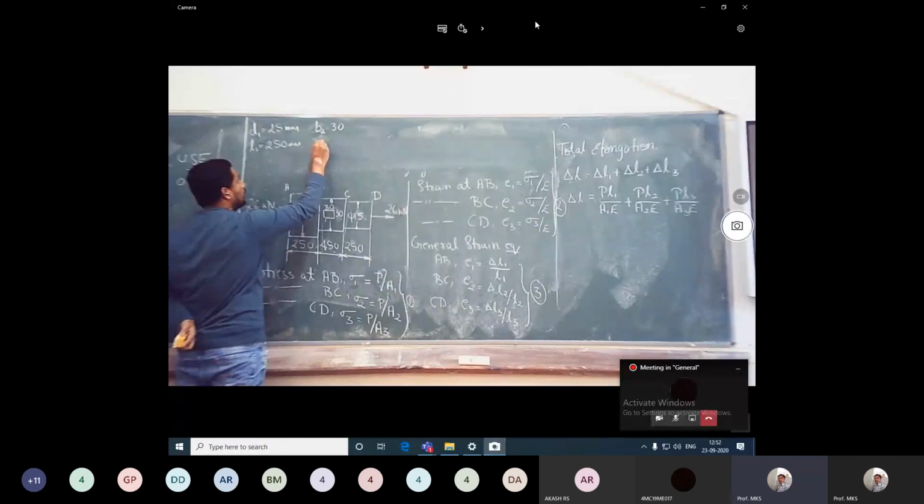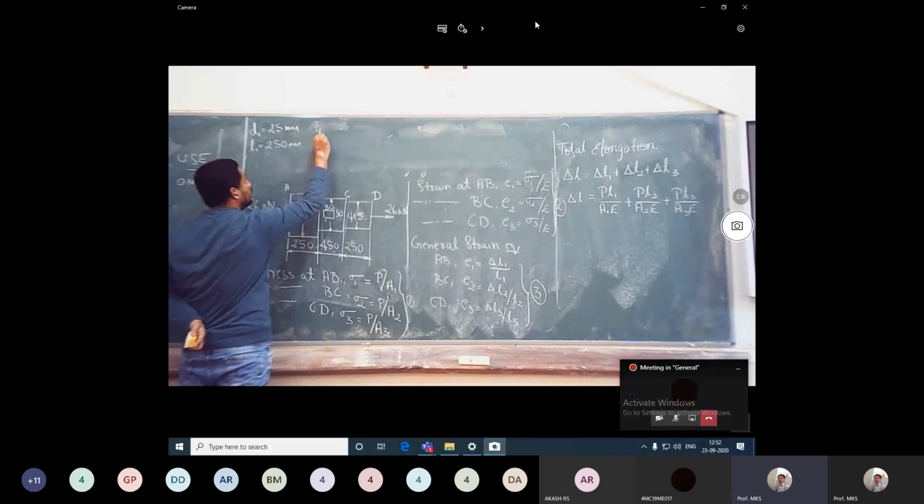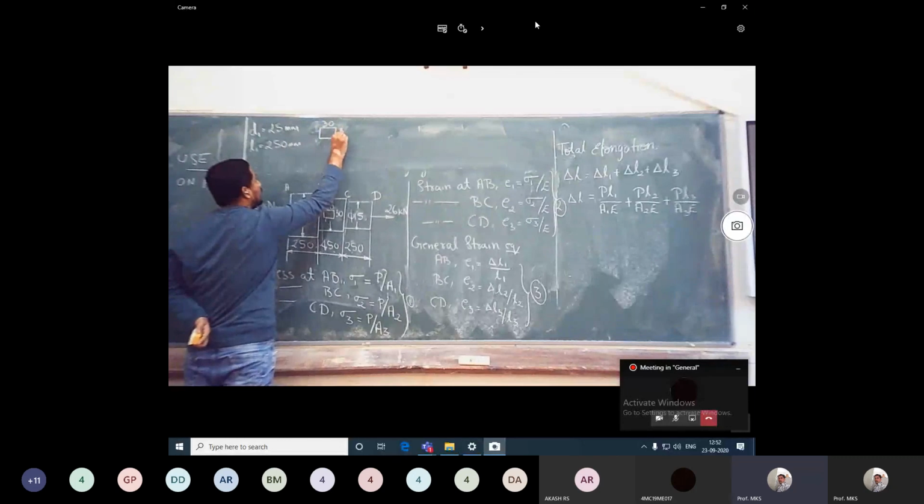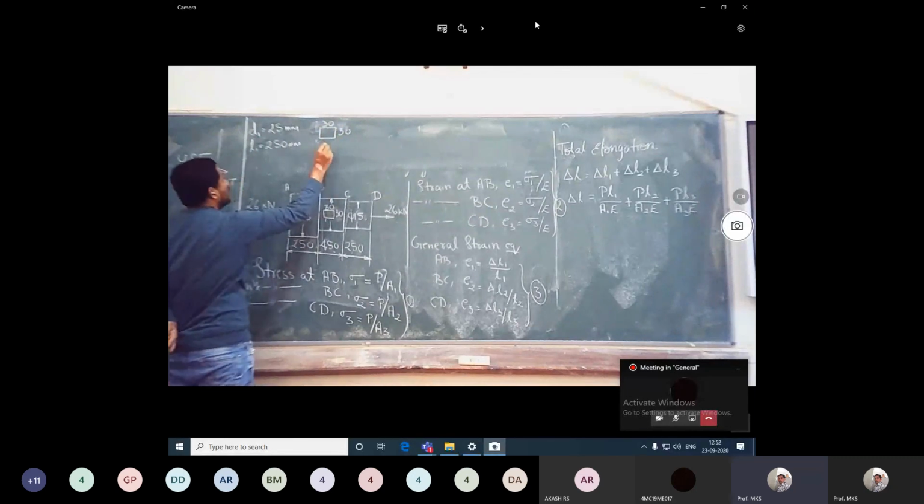We'll take it as length into cross section of the next. So it is the second bar, it is 30 by 30, a square cross section.